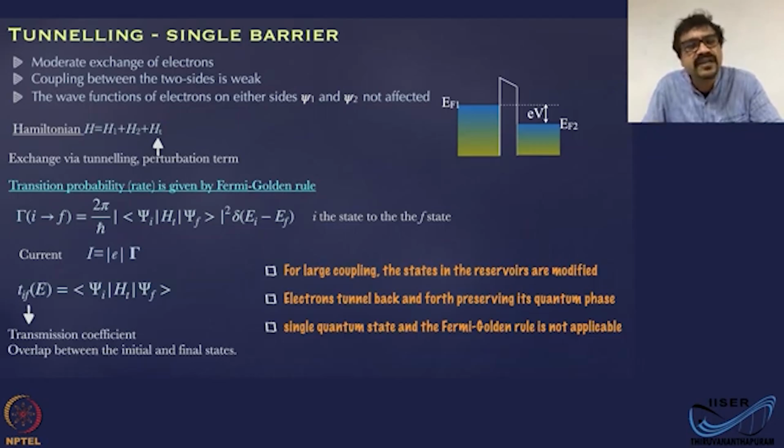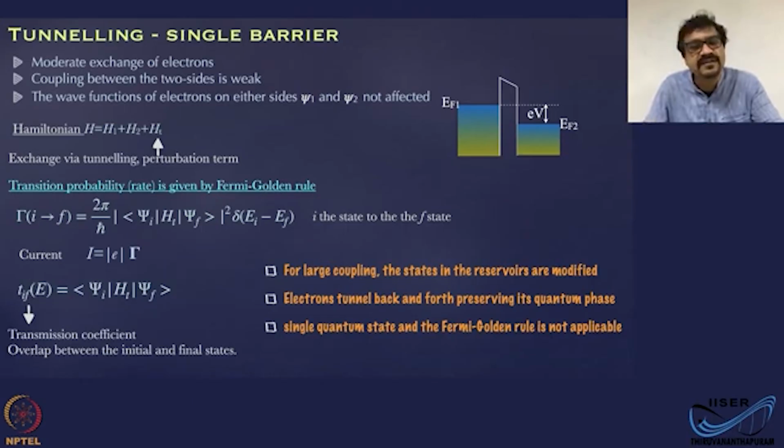So when we say tunnel barrier here, the assumption is there is a moderate exchange of electrons happening. If this is a tunnel barrier between the source side and drain side, the coupling between these two sides is relatively weak.